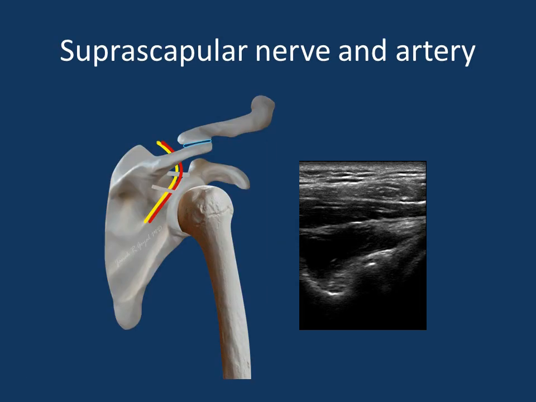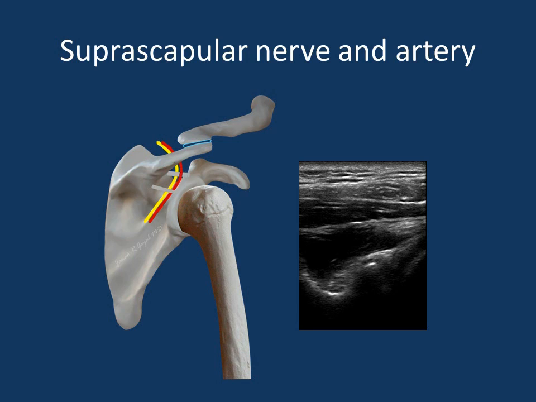Let's look at suprascapular nerve and vessels. The superior transverse scapular ligament converts the suprascapular notch into a foramen. The suprascapular nerve passes through the foramen and the suprascapular vessels cross over the ligament.